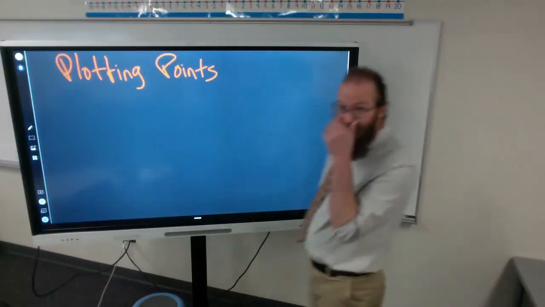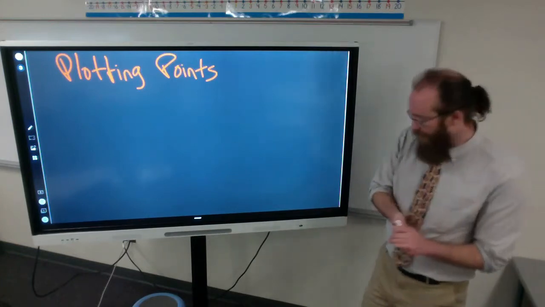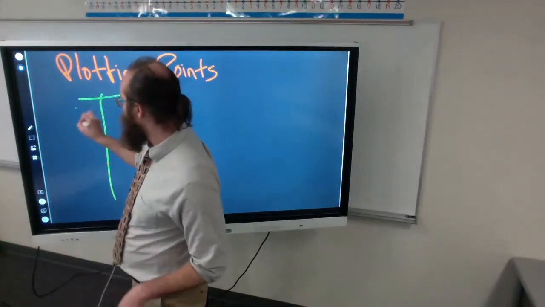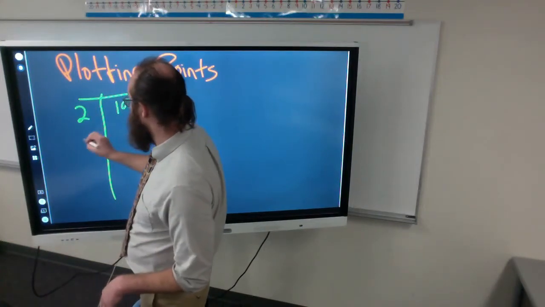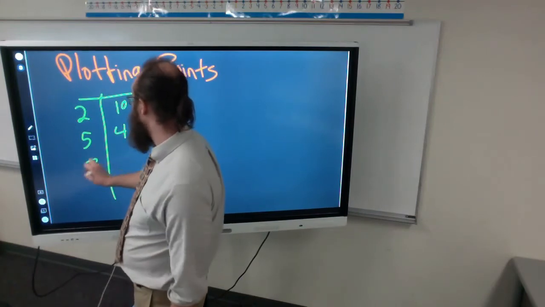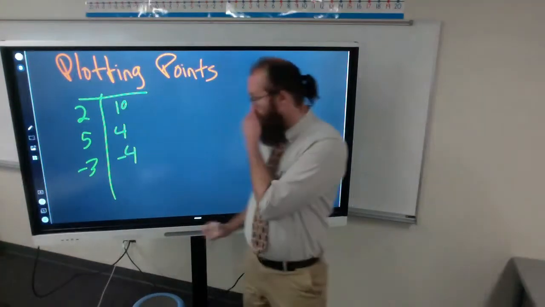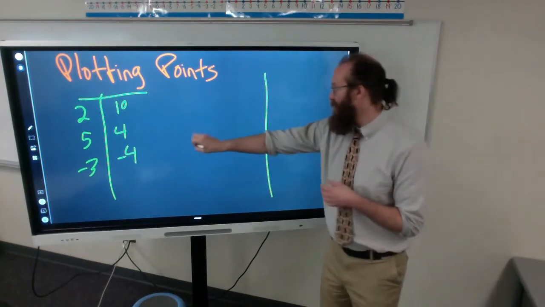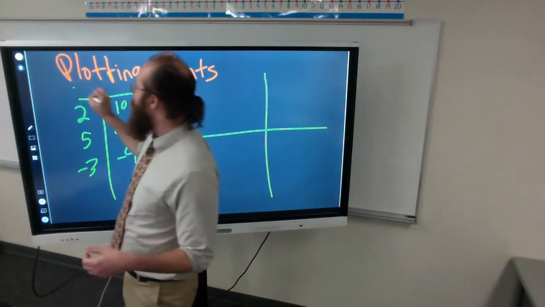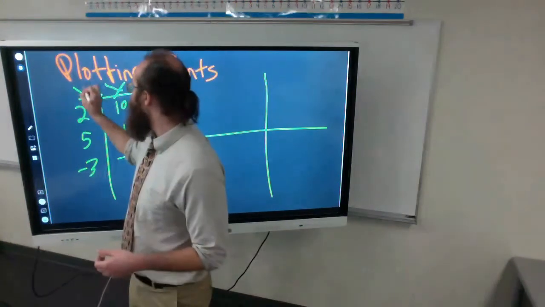All right, last thing I wanted to talk about today was plotting points. So whenever we're given a table, like let's say 2, 10, 5, 4, 3, -3, -4. All right, we have points in a table in an X and Y grid. Our X's are always going to be on our left, and our Y's are always going to be on our right.